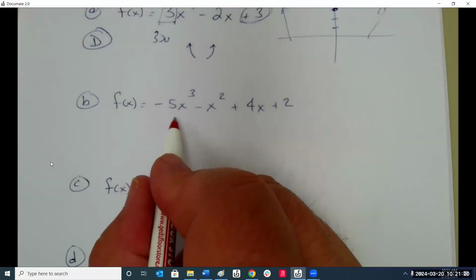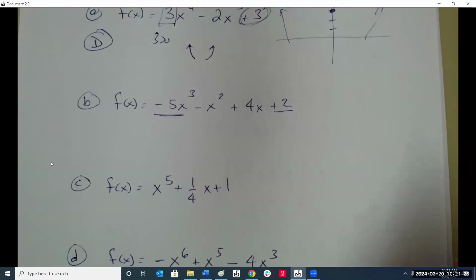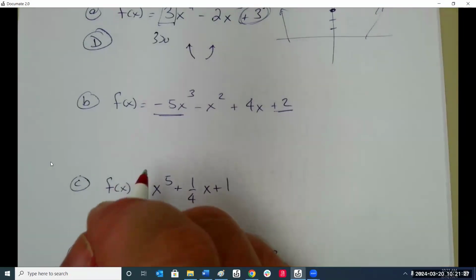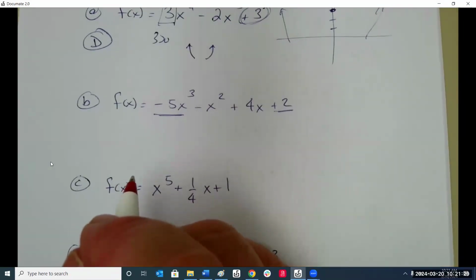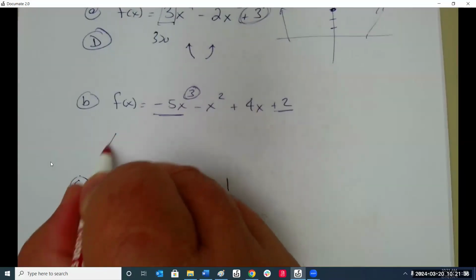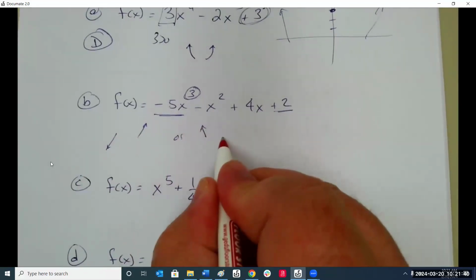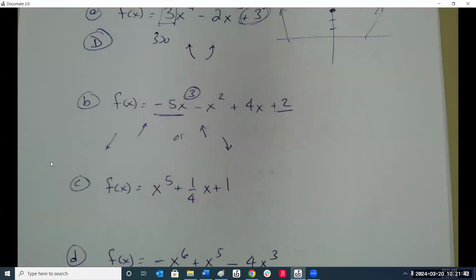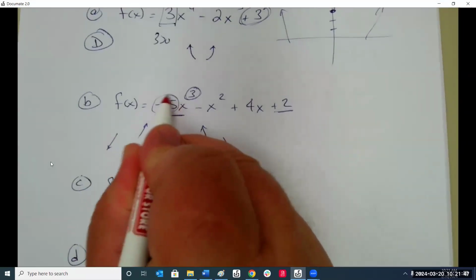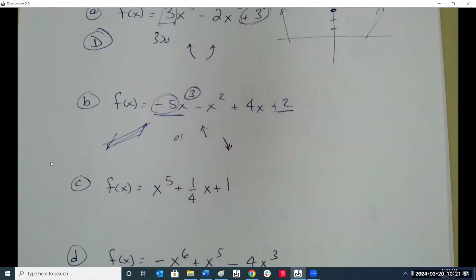The second one, look at the leading term and the y-intercept. End behavior tells us what? Right. Because this is odd, it goes in opposite directions. Since A is negative, it has to point down as x goes to infinity.